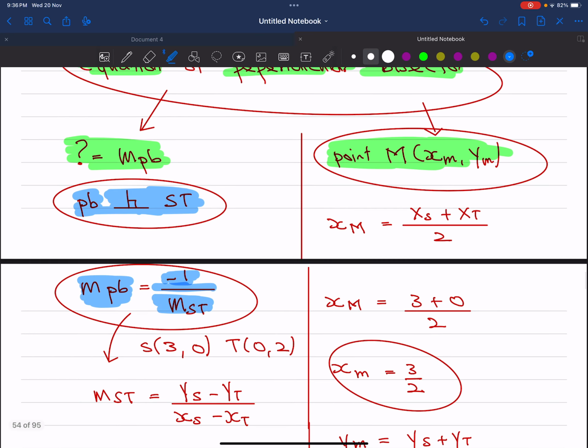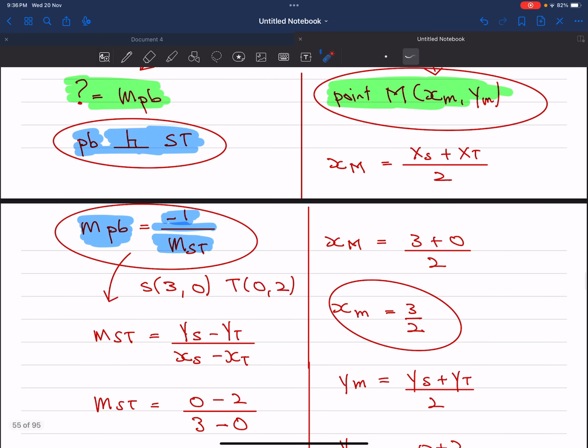So here, the gradient of the perpendicular bisector is negative 1 over the gradient of ST. So now, we need the gradient of ST.